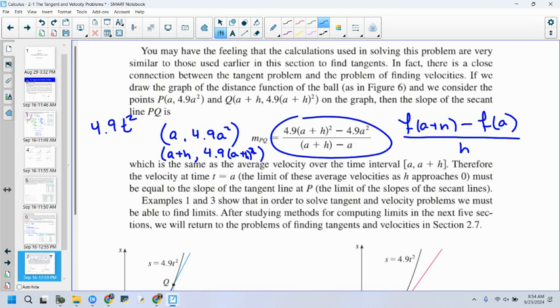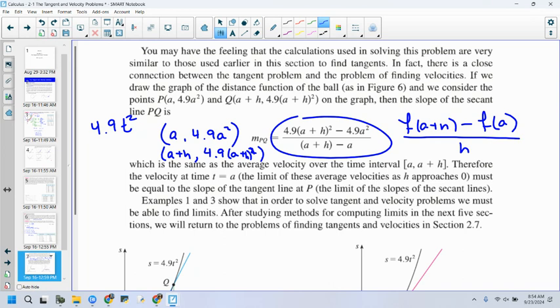The output would be f of a plus h. If I wanted to find the slope of those two points, I would take f of a plus h minus f of a, all divided by the change in x, a plus h minus a. Right? y minus y over x minus x, and I can see that those will cancel.